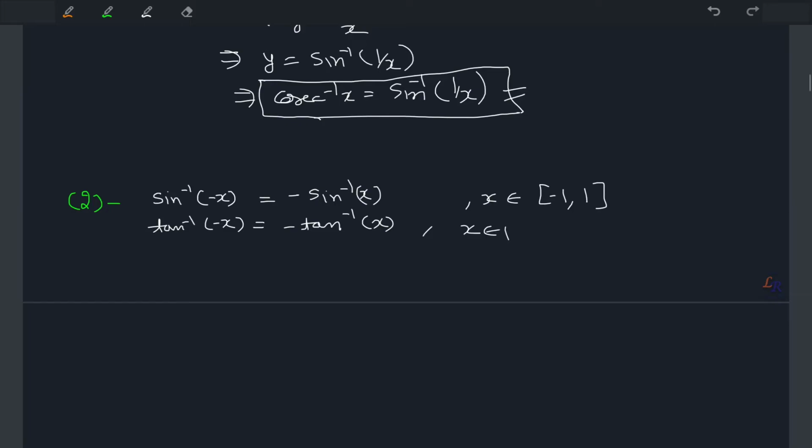Of course, x can be any real number. Cosec inverse minus x is equal to minus cosec inverse x, where modulus of x is greater than or equal to 1. So this is another interesting property where we have domain values in negatives.